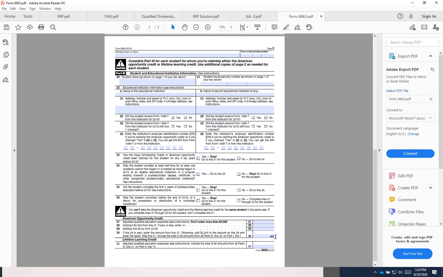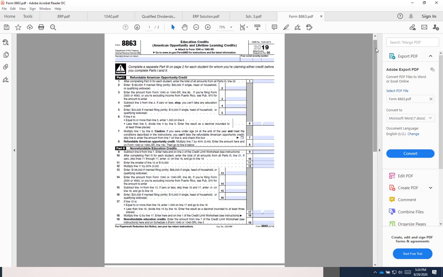And then go back to Part 1 and 2. Fill out Part 1 and 2. You will see that the $400 goes here. That's the qualified expense. Then go through the rest of the form to determine how much of this qualified expense, if any, is subject to phase-out, and how much of the credit is refundable and how much is non-refundable.